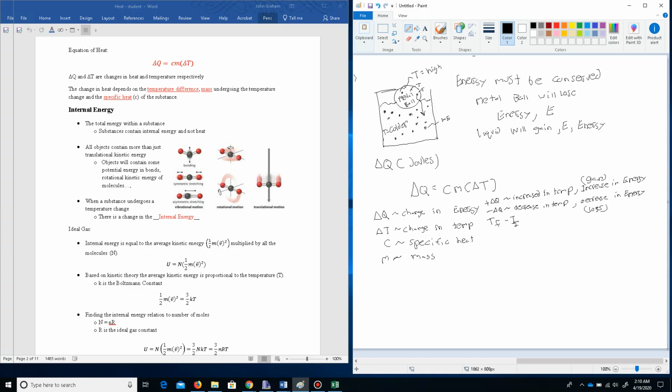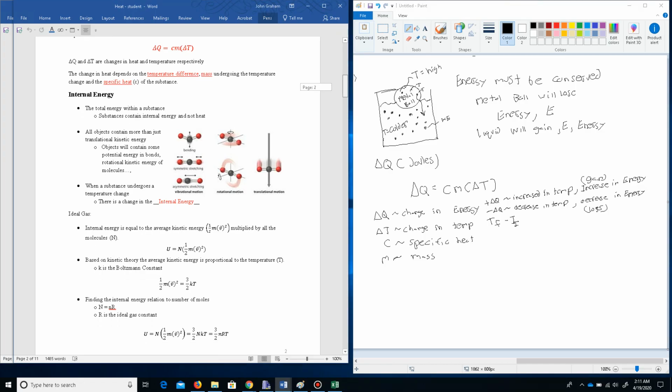We also had in the last chapter, based on kinetic theory, that the average kinetic energy is proportional to the temperature, and here k is the Boltzmann constant. So 1/2 mv squared equals 3/2 kT.